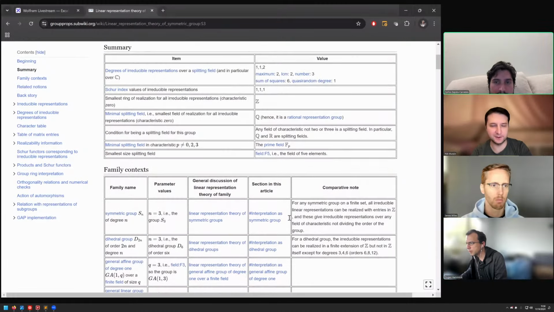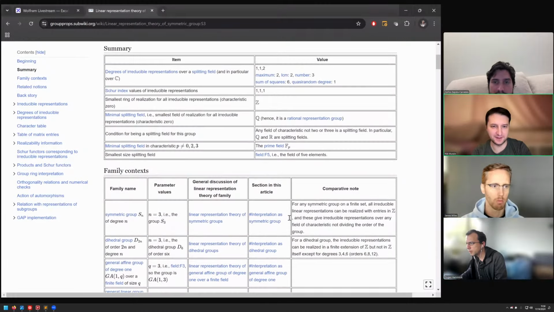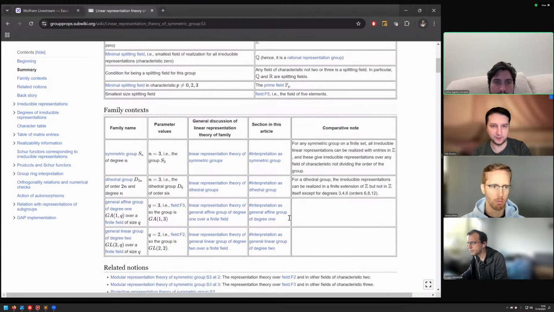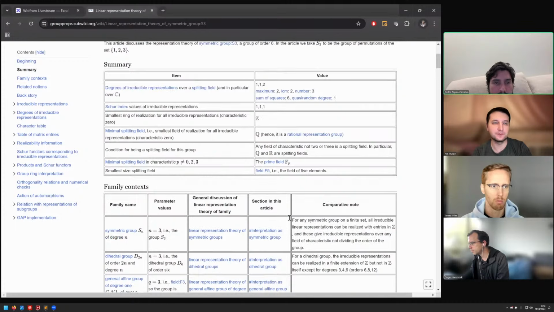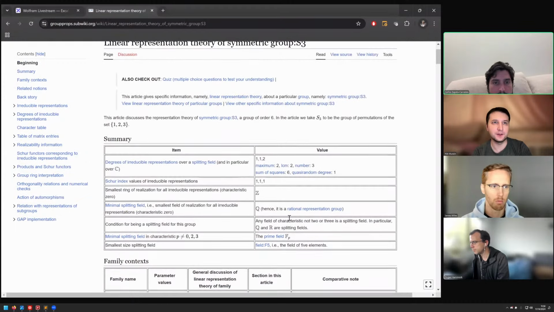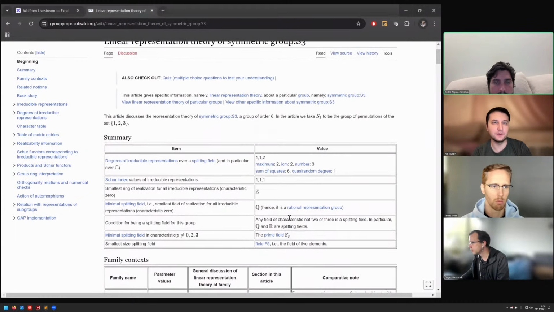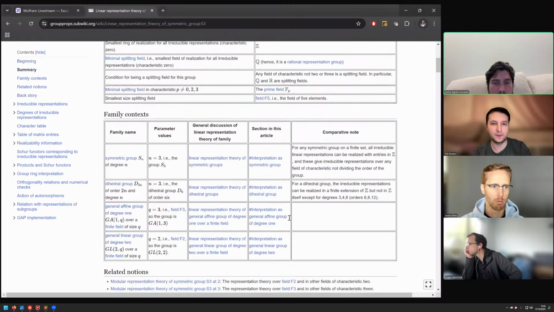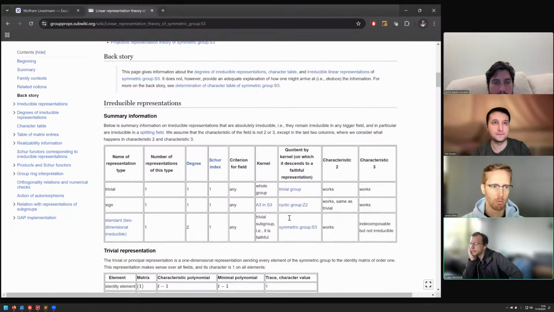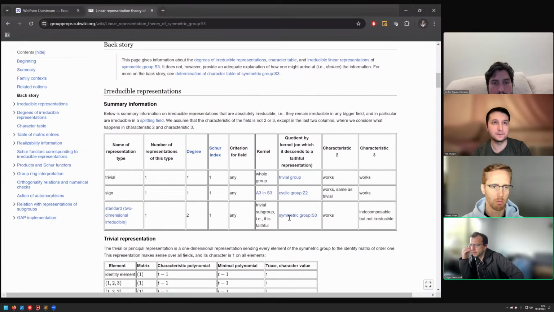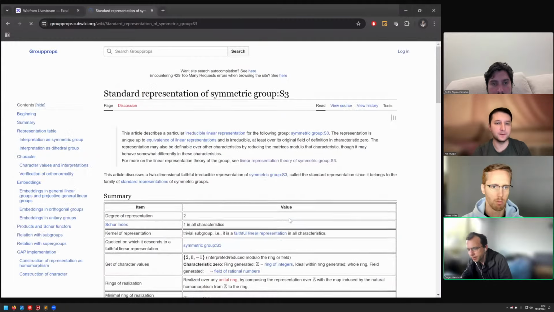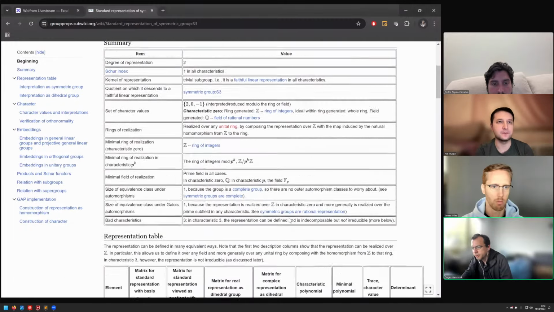I can post the link on Stack Exchange where I'm looking. It just looks like sine and cosine of what you'd expect. Rotation matrix of pi over 3, 2 pi over 3, right.